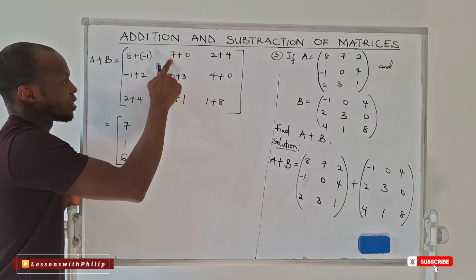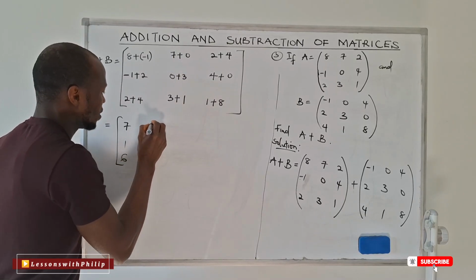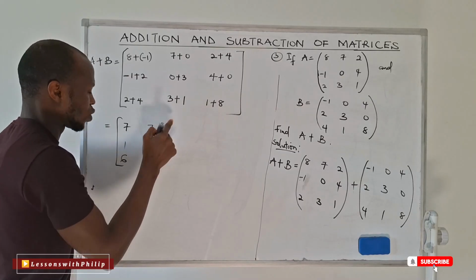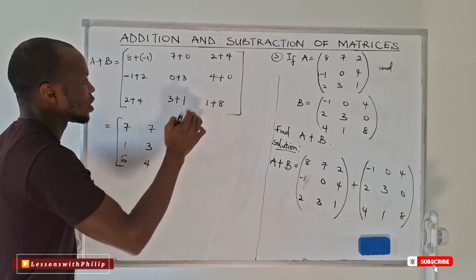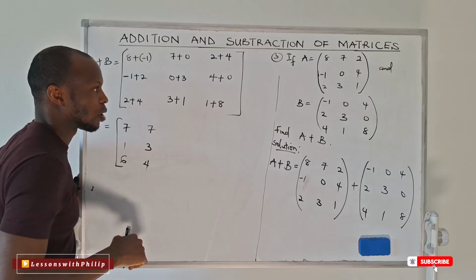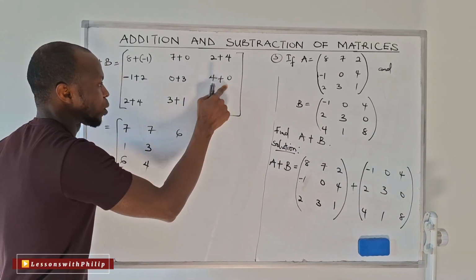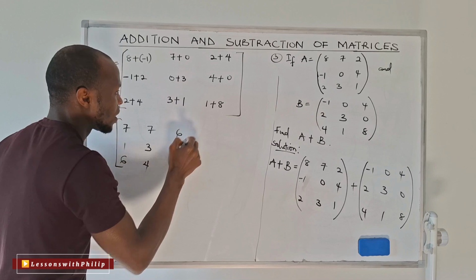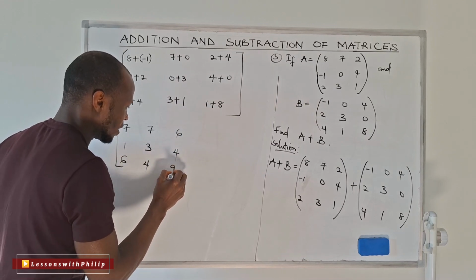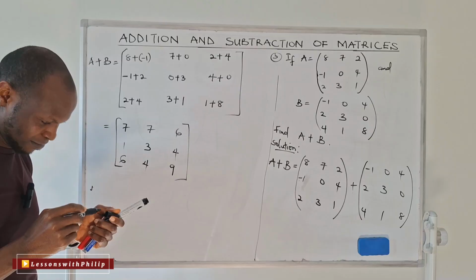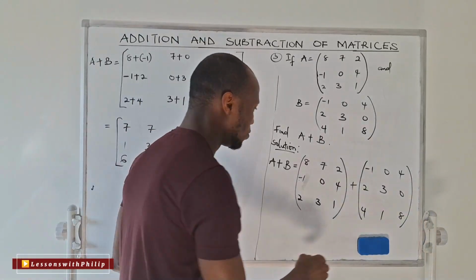Do you get it? 7 plus 0 will give us 7. 0 plus 3 will give us 3. 3 plus 1 will give us 4. Let's go to the third column. 2 plus 4 will give us 6. 4 plus 0 will give us 4. And 1 plus 8 will give us 9. And that is the solution. Do you get it? Perfect. We still have more to go.